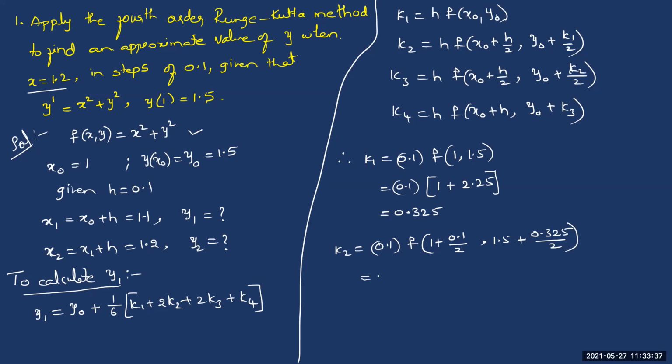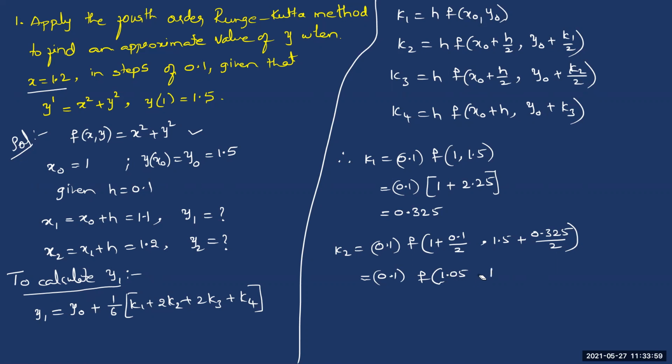So we need to simplify this now. 0.1 into f of 1 plus 0.1 by 2, which is 1.05, comma 1.5 plus 0.325 divided by 2. You can use your calculator to simplify this.